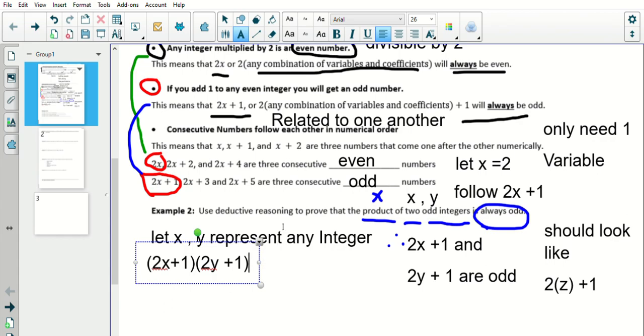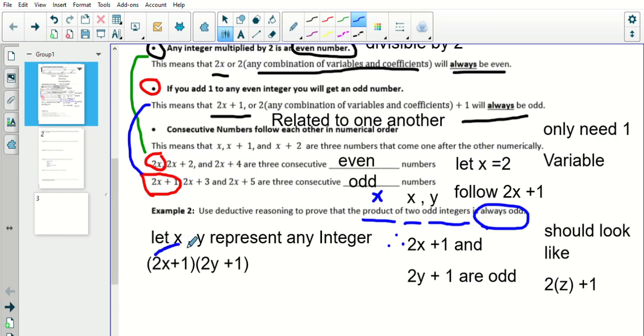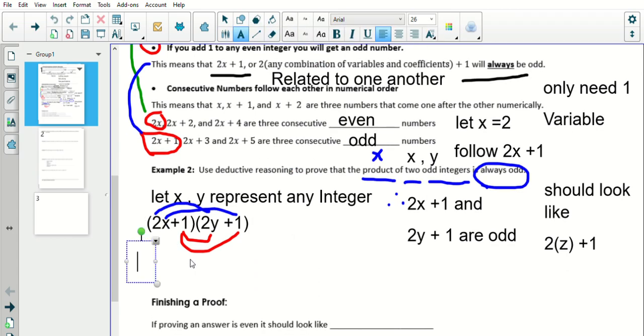Okay, so if I do my FOIL technique, this multiplied by this, and this multiplied by this, followed by this multiplied by this, and this multiplied by this, what that gives me is 4xy plus 2x plus 2y plus 1.